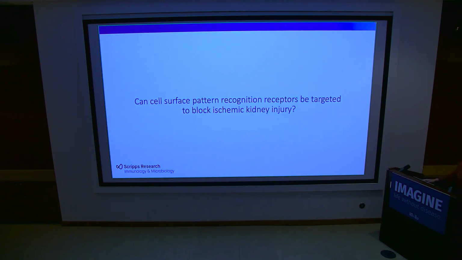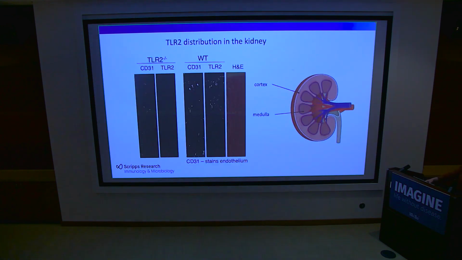So we started first looking at cell surface pattern recognition receptors to see if maybe they would be a reasonable target to block. We started looking at TLR2, and we found there was an interesting distribution of TLR2. You can see it right here, localized to the cortex and the outer stripe of the medulla, which are the very areas of the kidney that are most susceptible to ischemia.